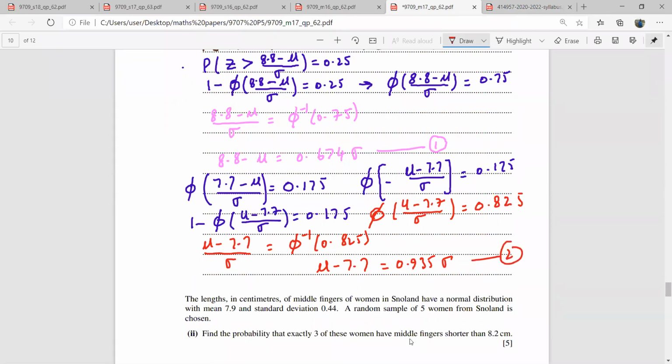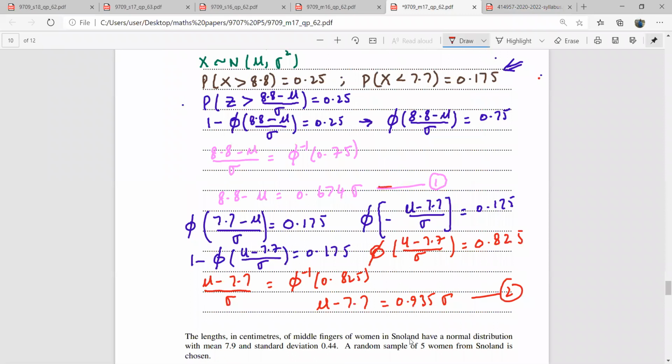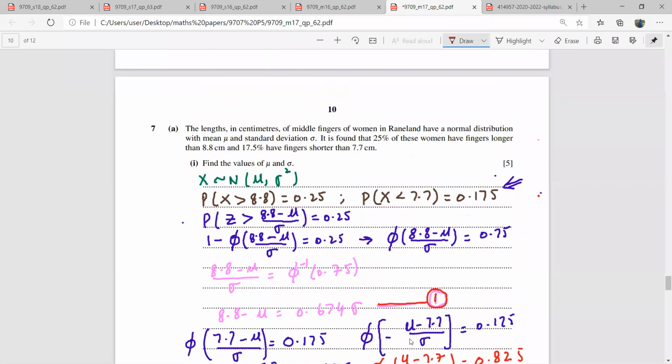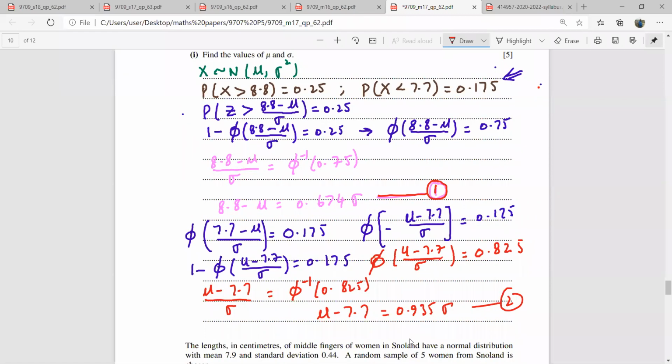So guys, once you solve these two equations, you will get your mu and sigma. Unfortunately, I didn't manage the space efficiently, so let me do the working on the side here.